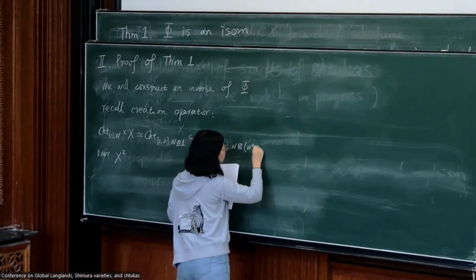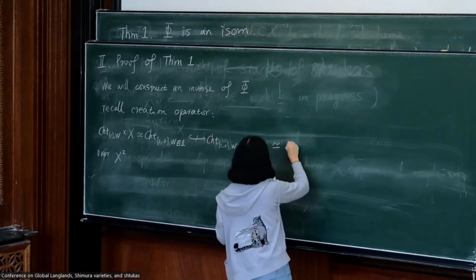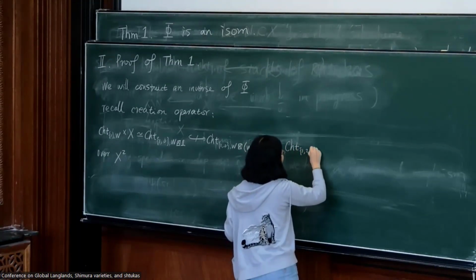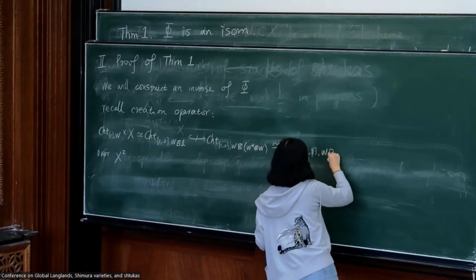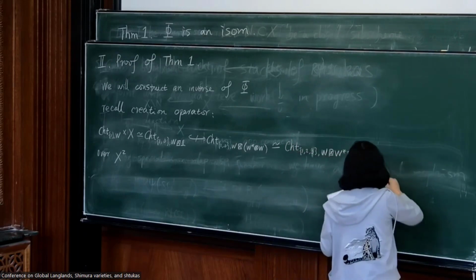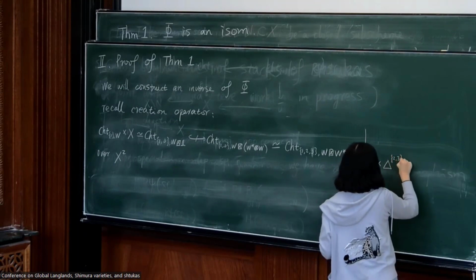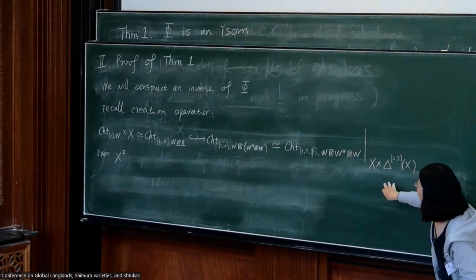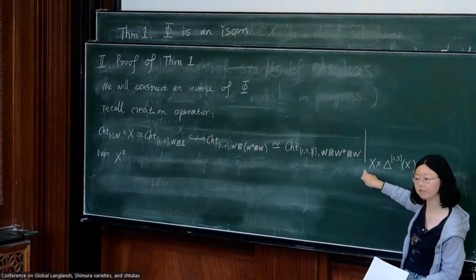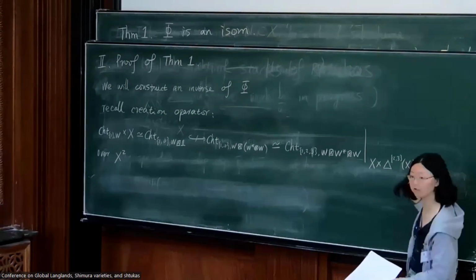The second is we give it on a bigger stack, and this is by fusion. The shtuka with 3 legs restricted to a partial diagonal. So they are all over X2. This shtuka is over X3, and we restrict it for the first leg to X, and second and third leg on the diagonal.